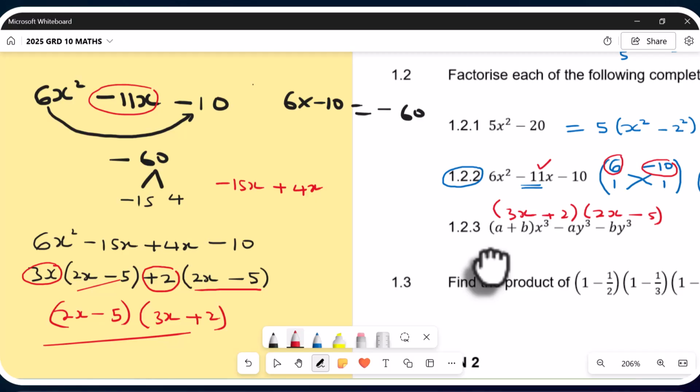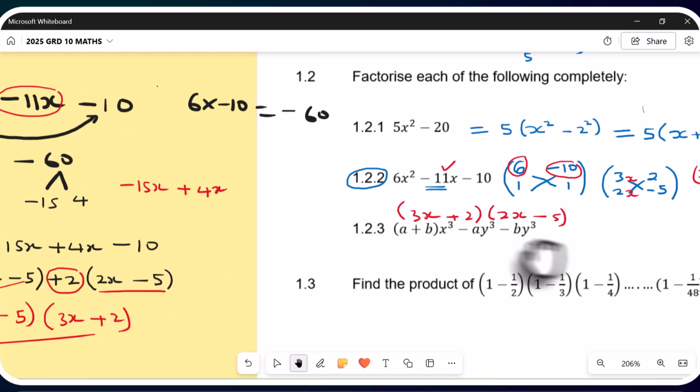Are we together? I have a common bracket, which is a plus b. It must be taken outside. What am I left with? x cubed minus y cubed.